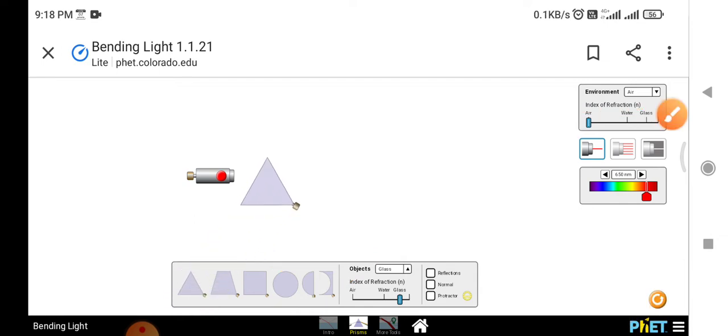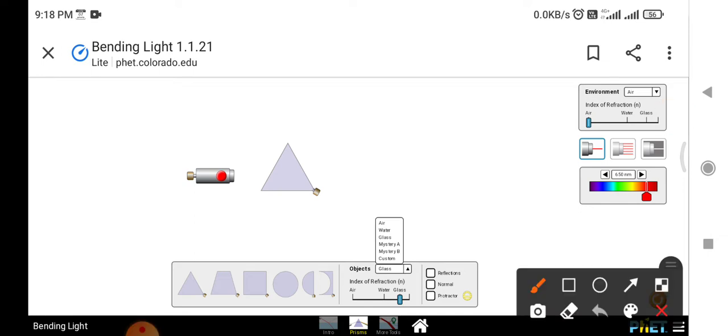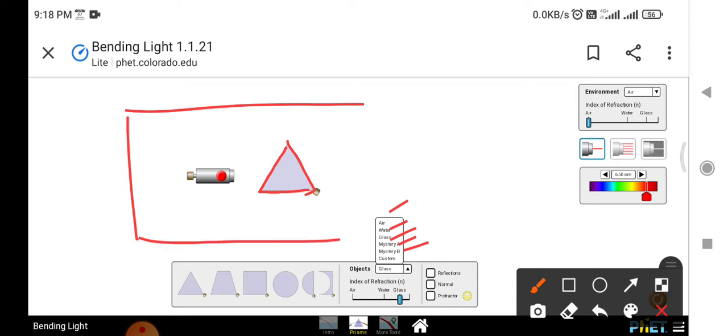So here I selected the prism. I changed the material of the prism. Here they have given air, water, glass, mystery A, mystery B. So here I took the glass prism. The source of light and the glass prism are kept in an air environment.